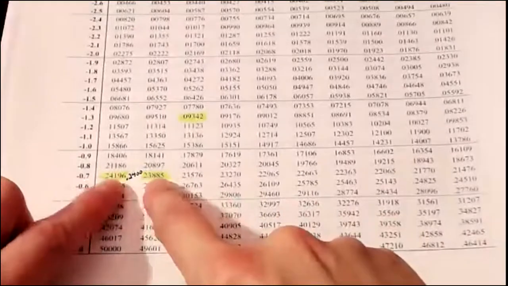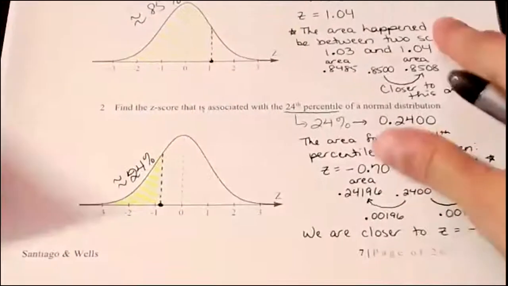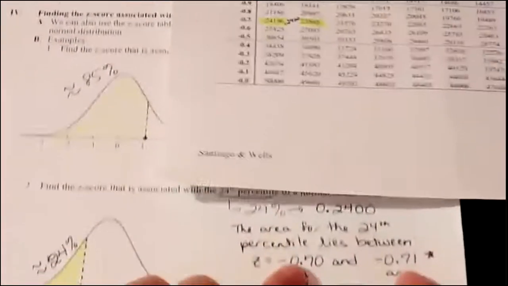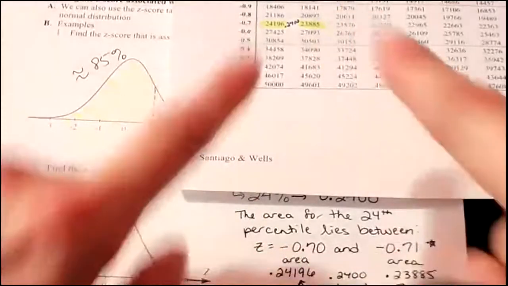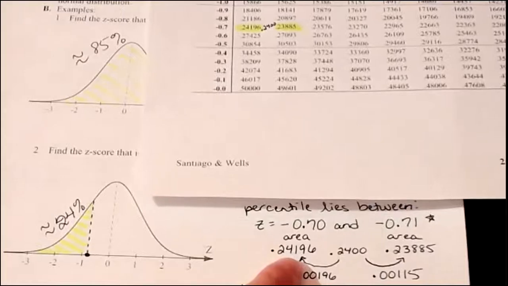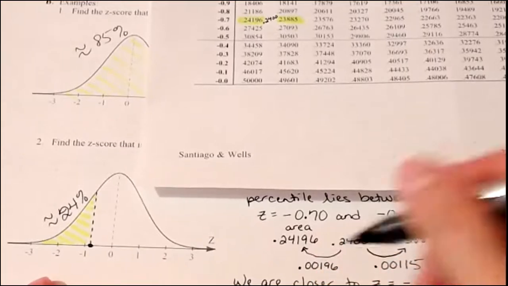Beautiful. That's where we're getting those z-scores from, but these are their areas. So what I like to do is write down the z-scores and their associated areas directly underneath. You see how I wrote it? Yeah, I see now. Good. We know 0.2400 is somewhere in between, and then we just have to say, which one am I closest to?